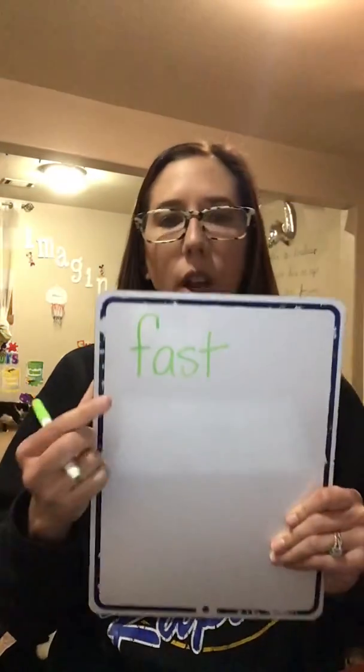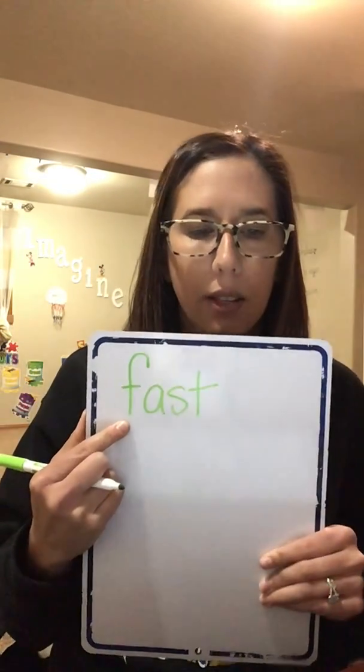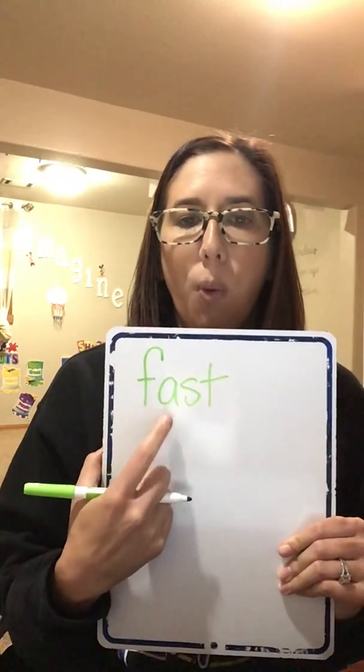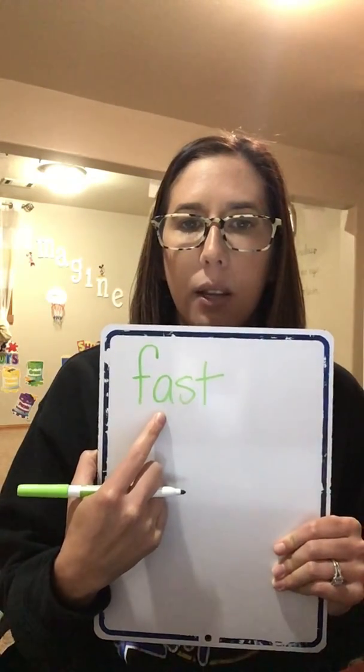Okay, I want you to take out your whiteboard or your paper, whatever you have. I am going to give you a word and see if you can figure out which ending it needs. Okay, our first word is fast. What does our vowel make?